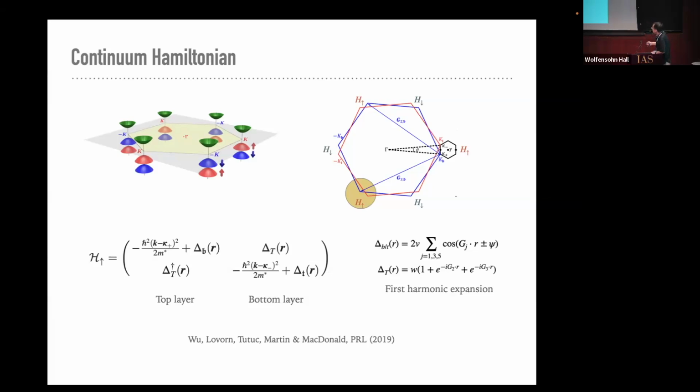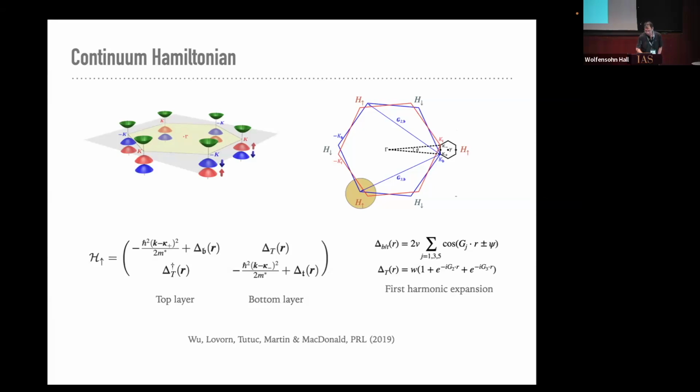You can see that for the top and the bottom layer, it can be written in terms of the Fourier expansion in terms of the reciprocal moiré wave vectors. This is the intralayer moiré potential, and this is the interlayer moiré potential. And here, following what Allan MacDonald did, we only do a first harmonic expansion. So that seems to be really a very simple model.